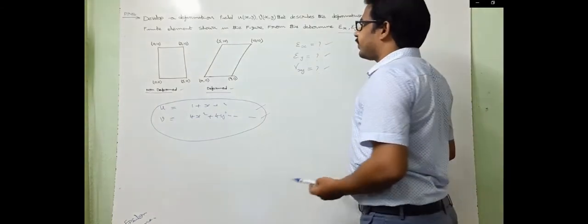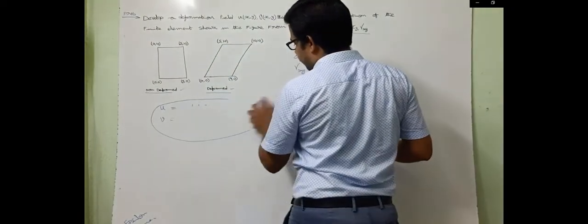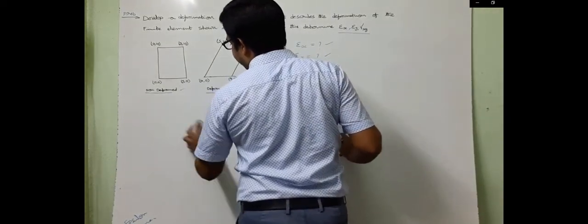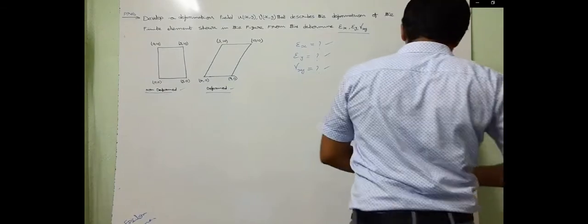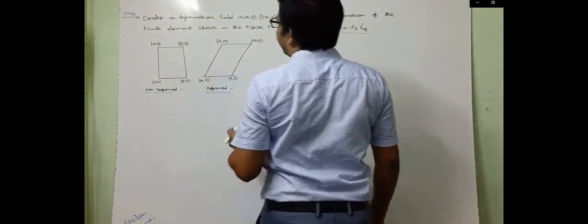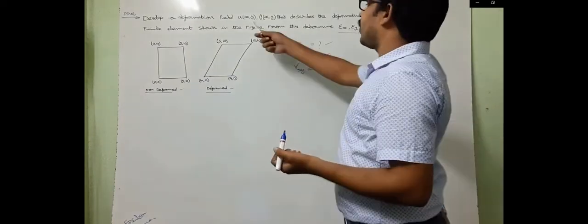In this problem we cannot give any such relation, so now we can solve. We develop the deformation field u of x comma y and v of x comma y.